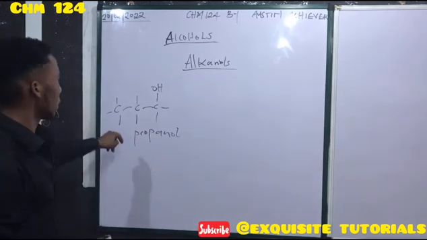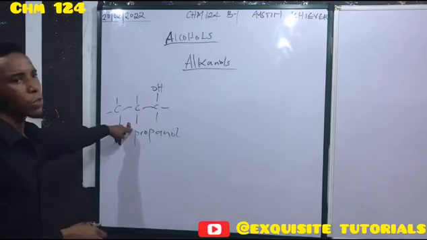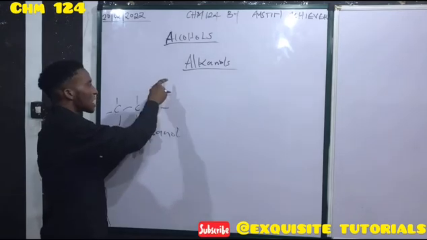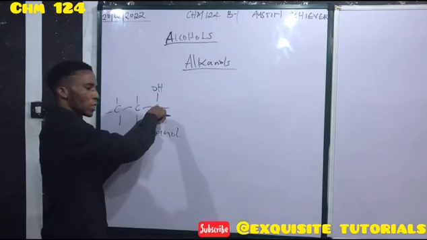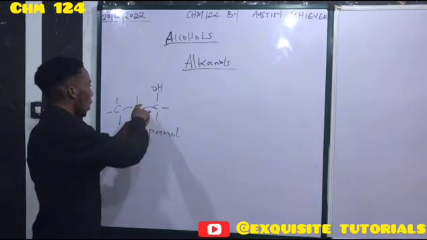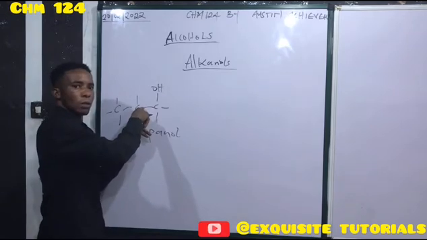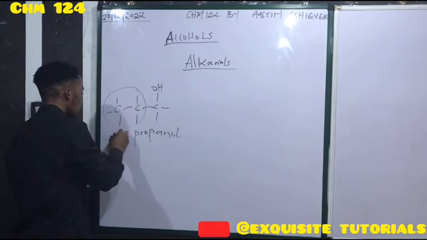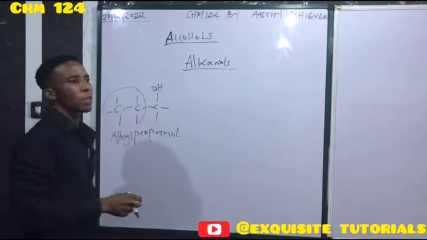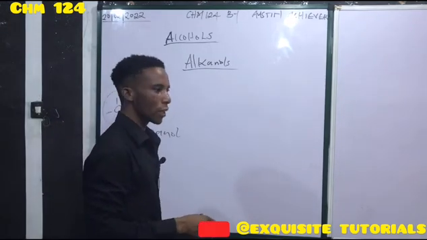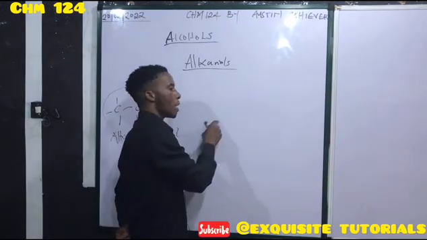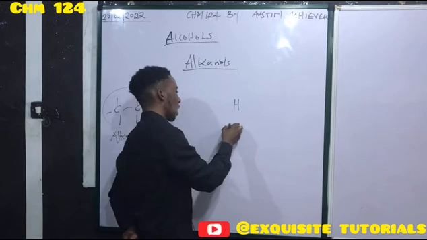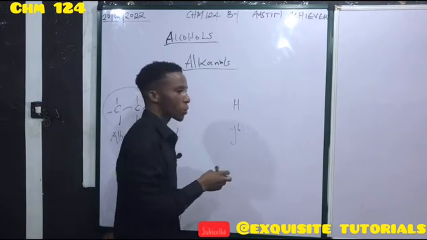Now, when you take a look at this, we discover that the carbon atom attached to this OH is attached to another carbon atom. I will refer to all these as an alkyl group. In Chem 133 organic, we said that whenever an organic compound loses one hydrogen, we get what we call an alkyl.